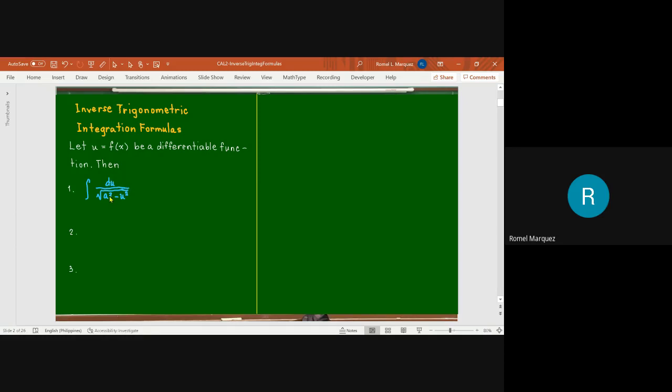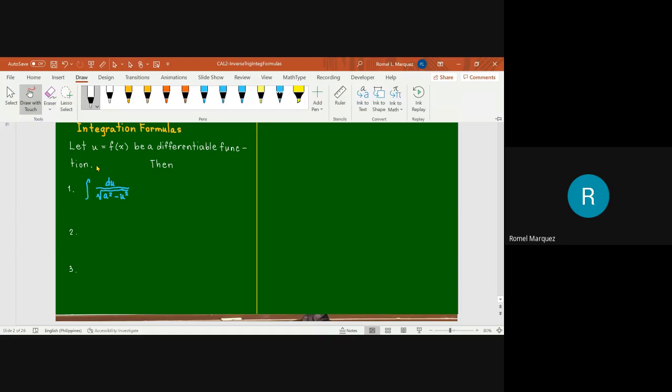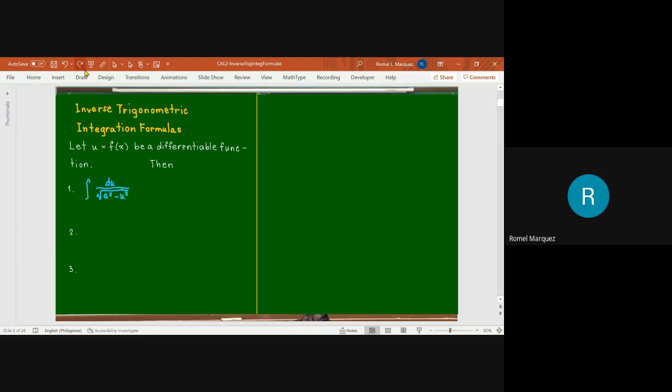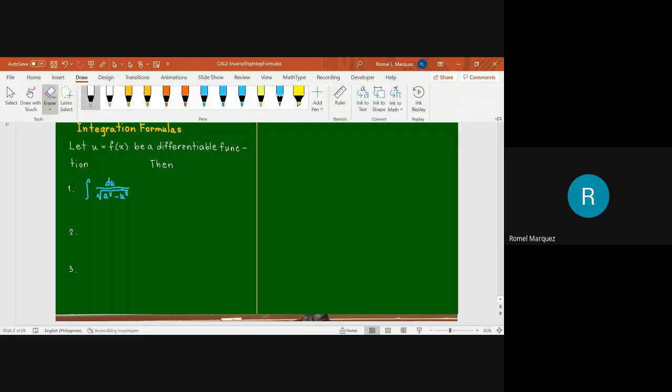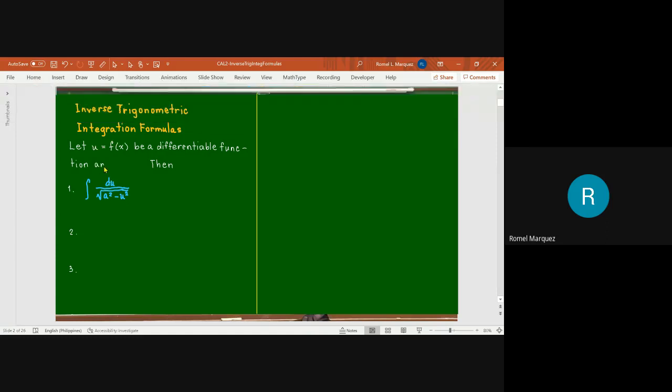If you have in the denominator a radical whose radicand is in the form of a squared minus u squared, where a is constant, so let's add that condition, and a be a constant, then the following formulas hold.